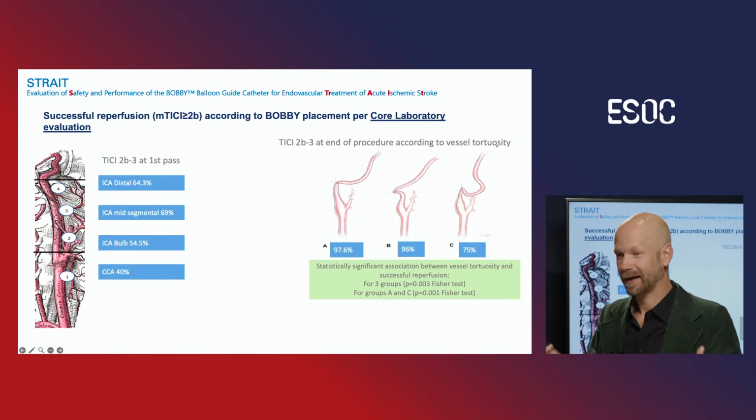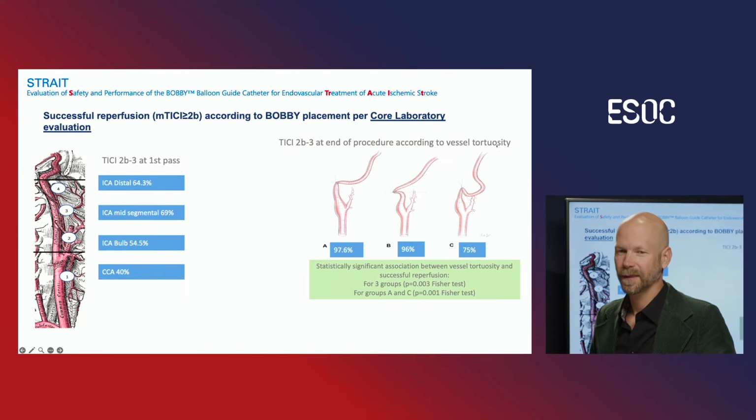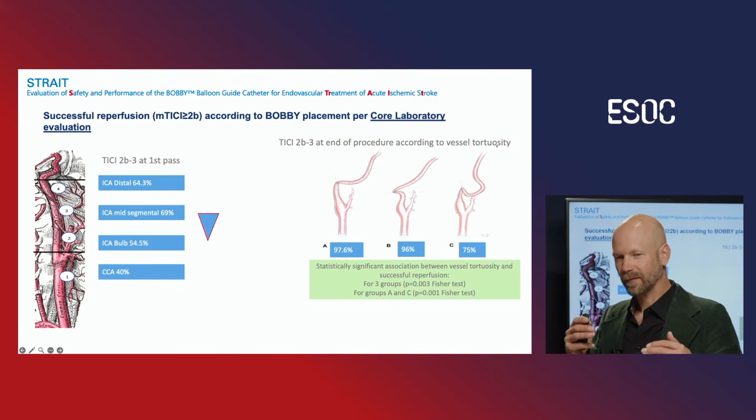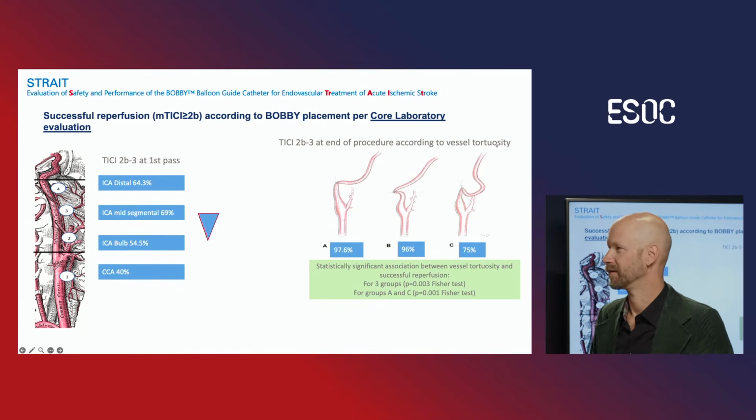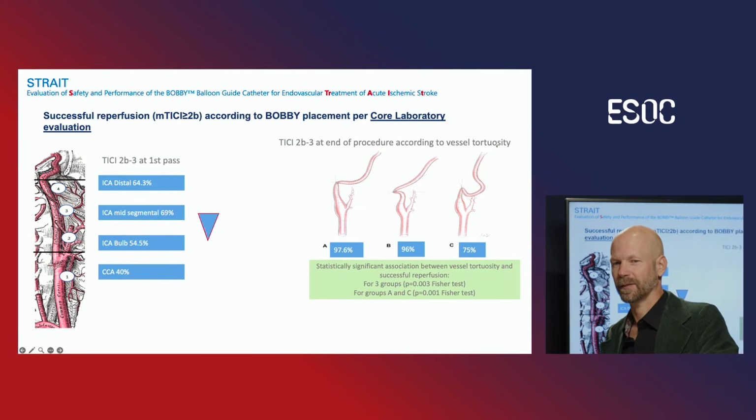Okay, so coming back to the data, we always talked about how it's important to go upwards, but do we really have data to underline why we think this is important? In the STRAIT data, we saw actually a quite significant drop in the first pass reperfusion rate between the mid-segmental and the proximal placement.